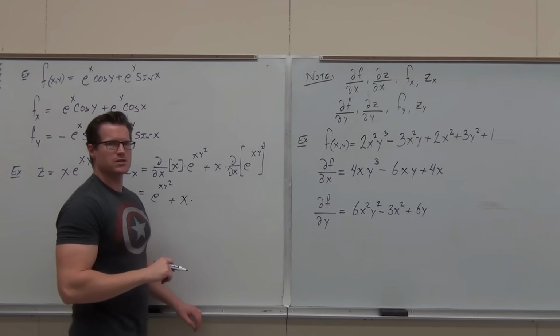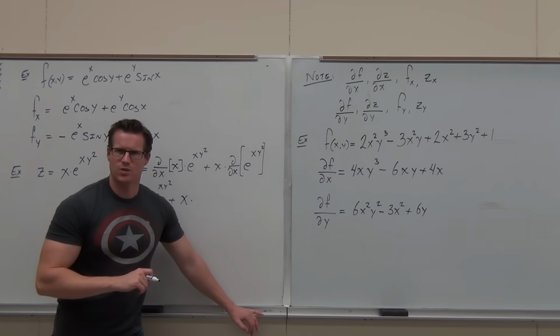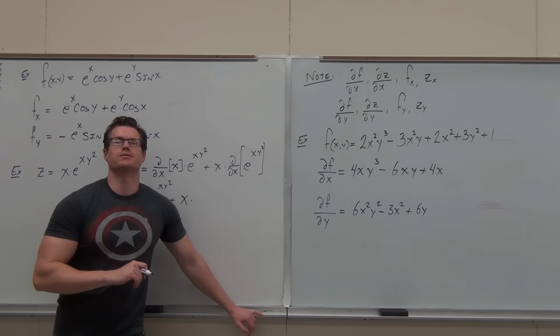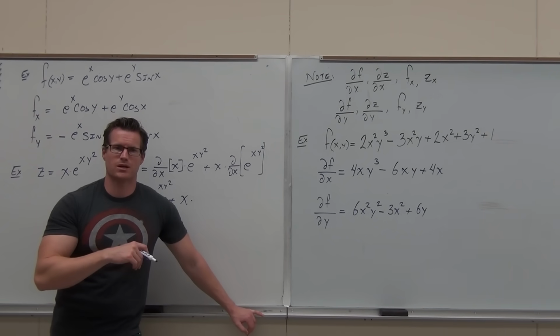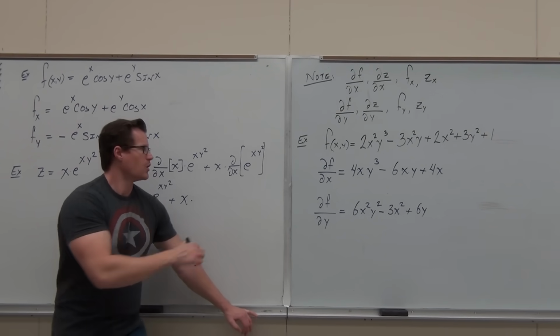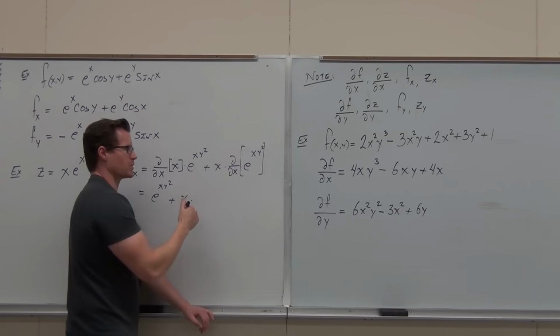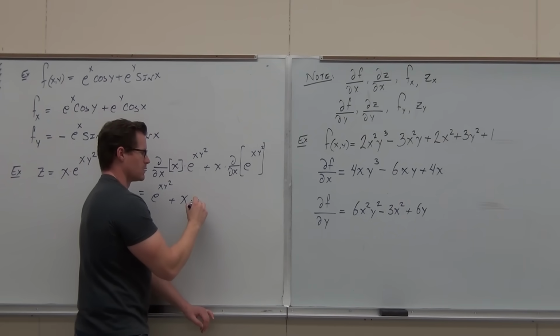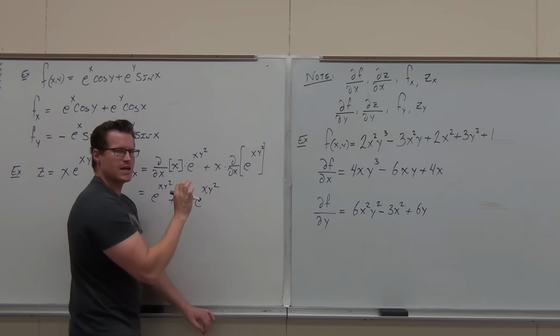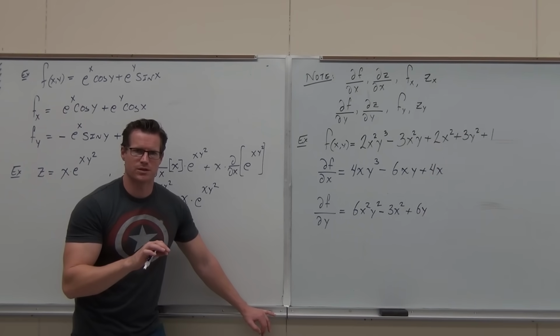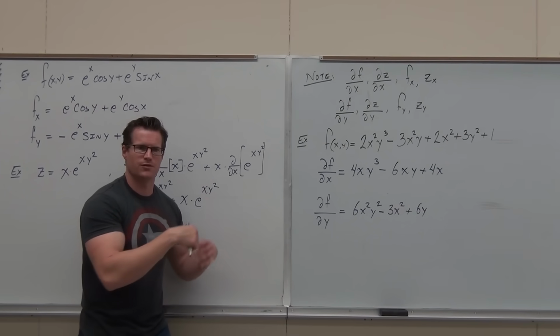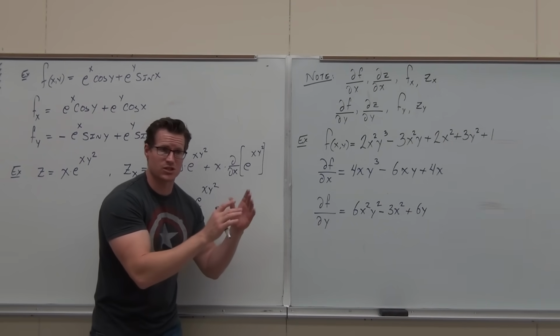Now, oh goodness, do you remember how to take derivatives of compositions? And do you remember how to take derivatives of exponentials? So we're kind of reviewing. I'm teaching you as I'm teaching you here. What's the derivative of this thing, please? Y squared. E to the x. Okay, so we're going to get exponential back. By the way, if you've never heard this before, you never, ever, ever take two derivatives at once. You always take a derivative of one function and then something else, just like product rule.